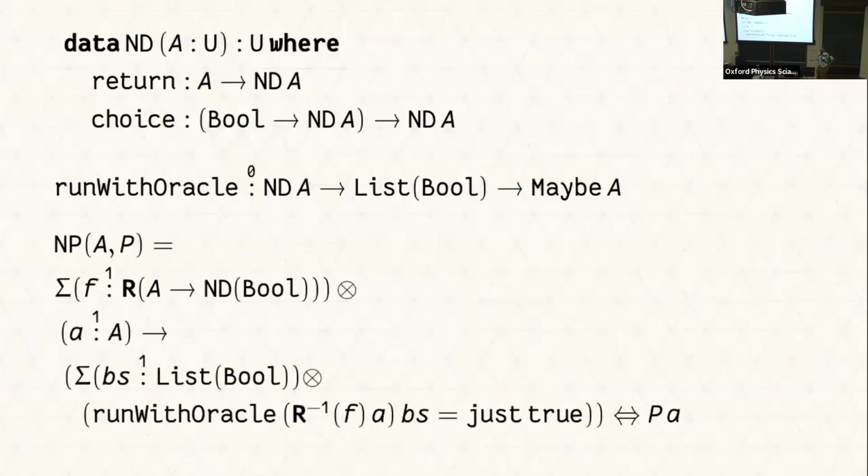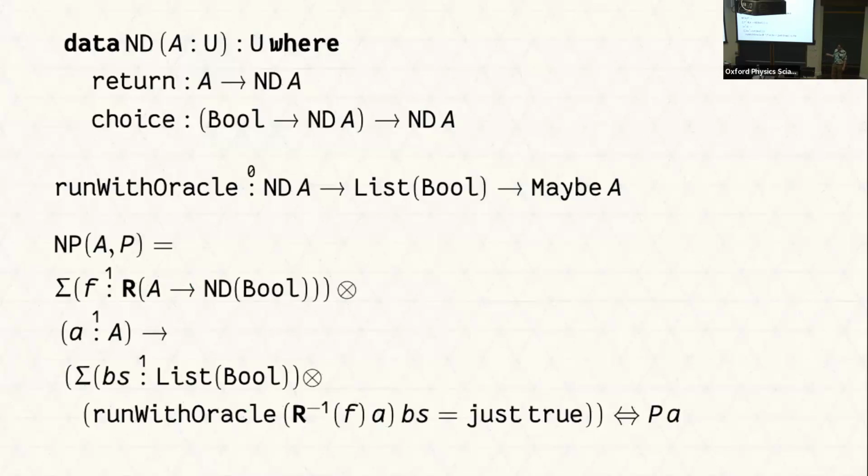And then we can define the NP class by, we now need a realizer. So this is still the same decision problem format. But now we have a realizer which takes A's and gives us choice trees that end in Booleans, such that for all inputs, this bracket runs all the way to here.